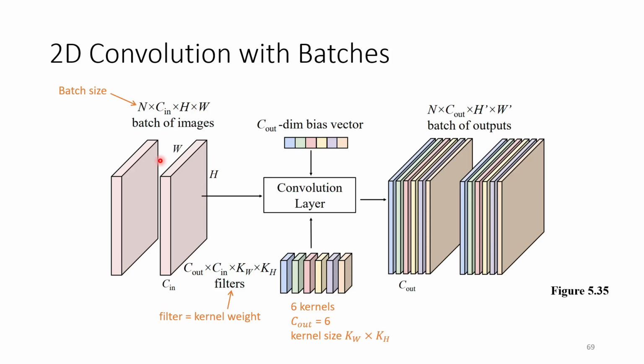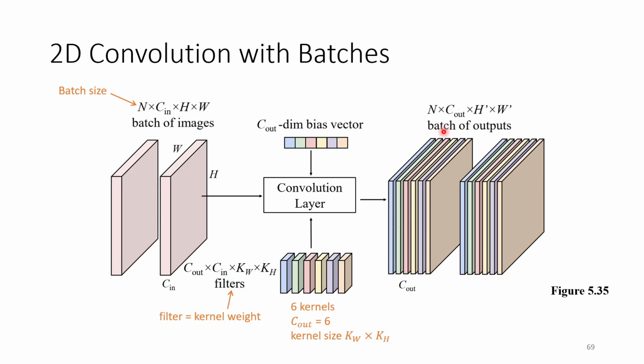Okay. So if we do the convolution for a whole batch, it will look like this. Here, we use 6 kernels, and the generated new layer will have 6 channels.